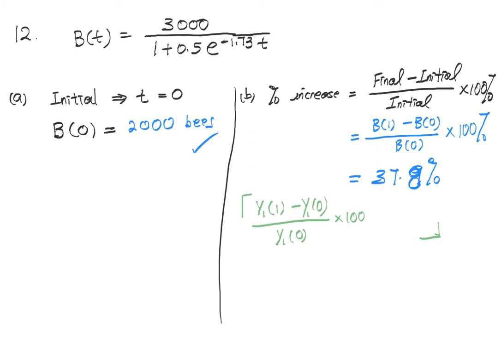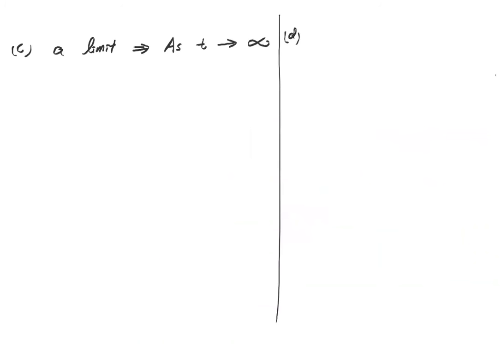Okay, let's go to part C. Is there a limit? When you say, is there a limit, we have to go back to our B(t) function. So I will write down the B(t) function again because I don't want to explain from here.